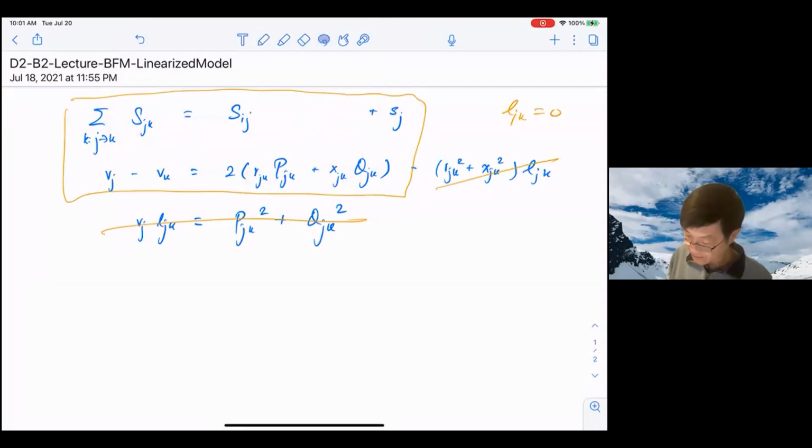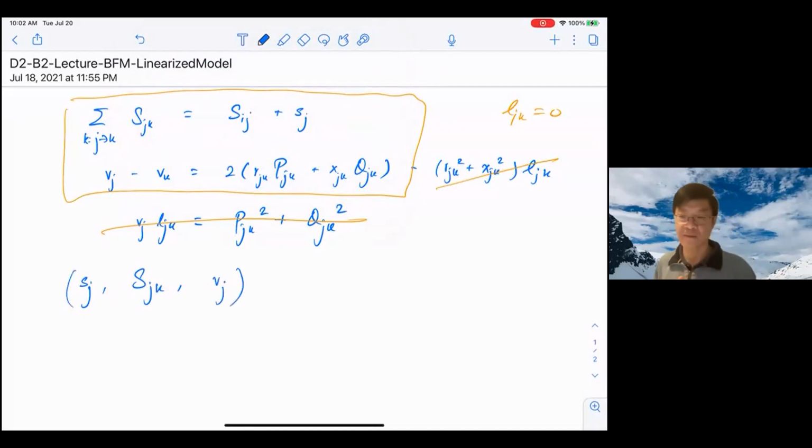Okay, so in this model, the variables are the real and reactive power injections, small p and small q, the branch power, and the voltage magnitude squared.